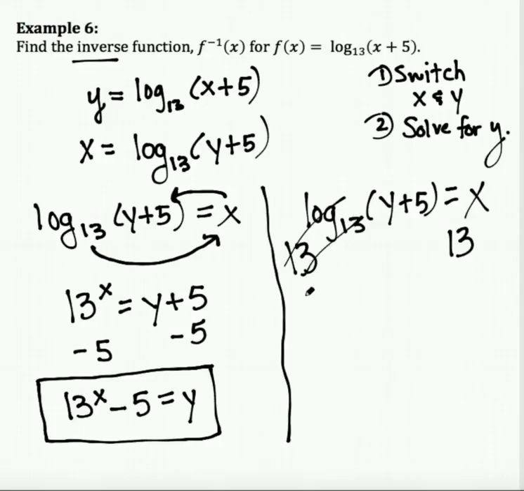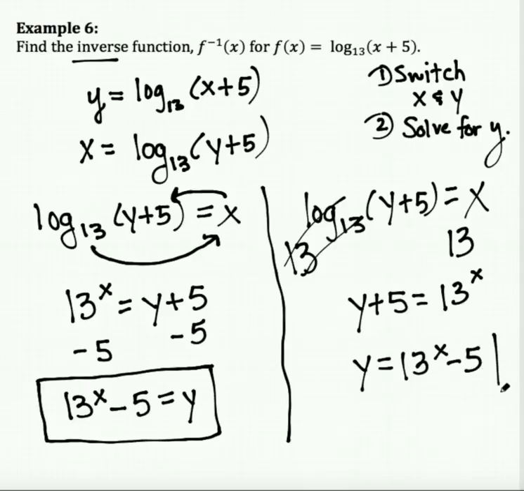They undo each other. So on the left-hand side, I have y plus 5. On the right-hand side, I have 13 to the x. Same thing, I'm going to subtract 5 from both sides, and I'm left with y equals 13 to the x minus 5. So no matter which way you think about it, you're going to get the same answer.